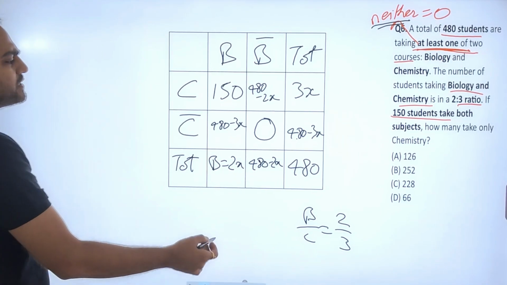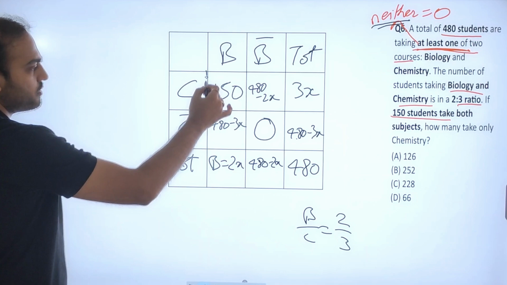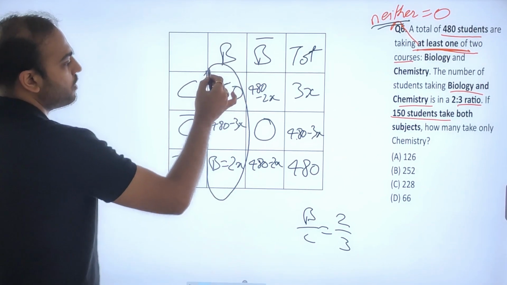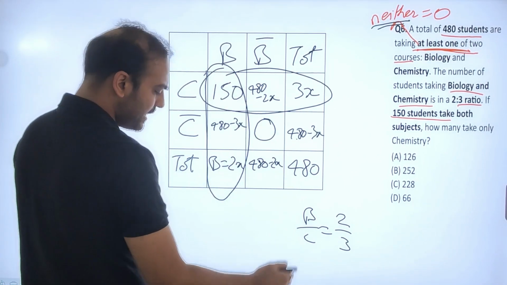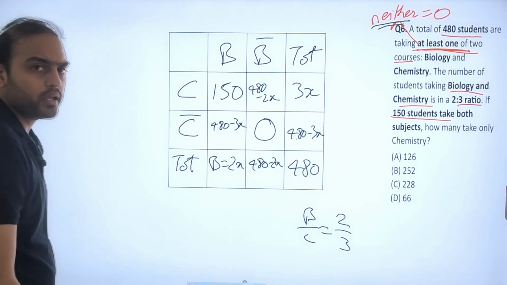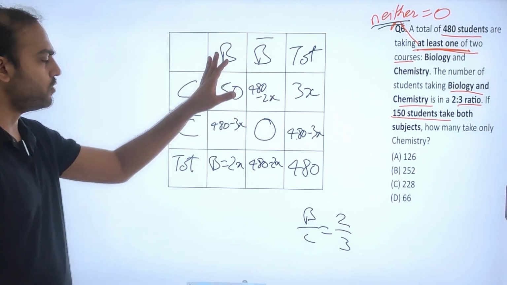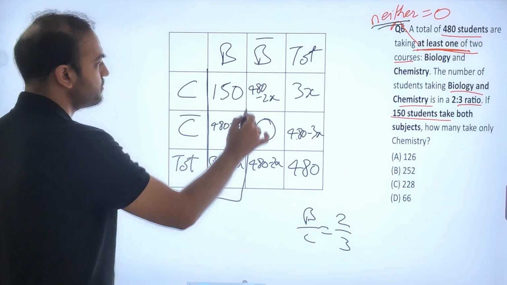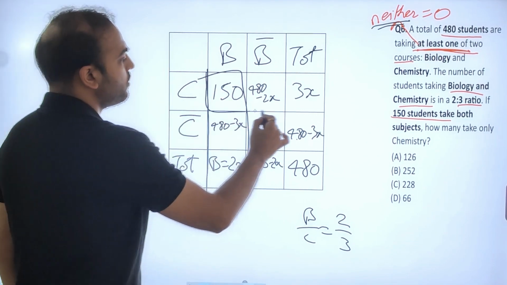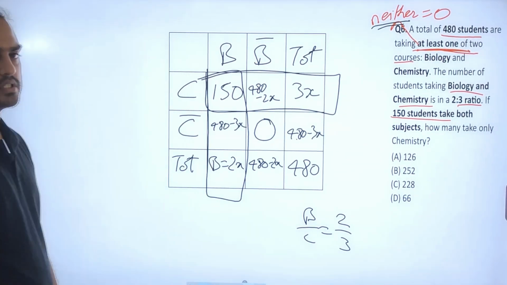Now what we do, you can simply make an equation either for any column or any row. You can pick any column. We can pick this column and solve for this, or we can pick this row and solve for this.